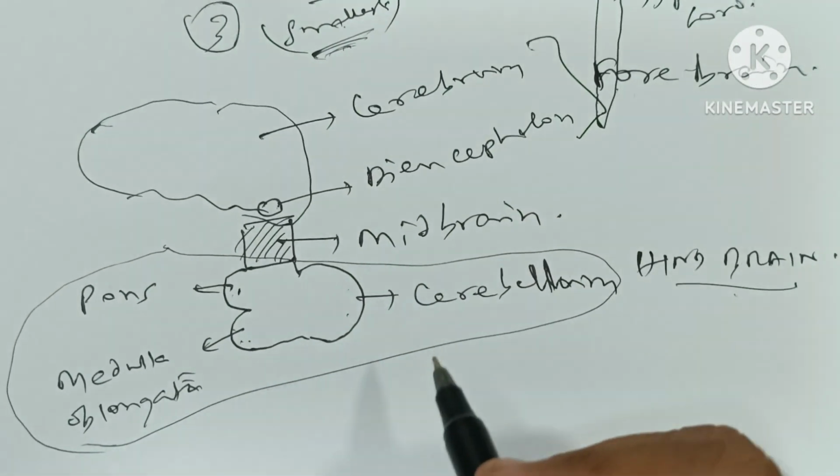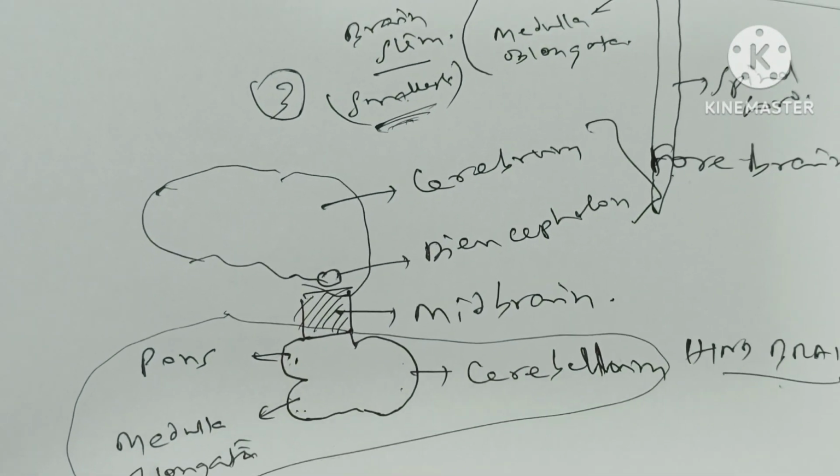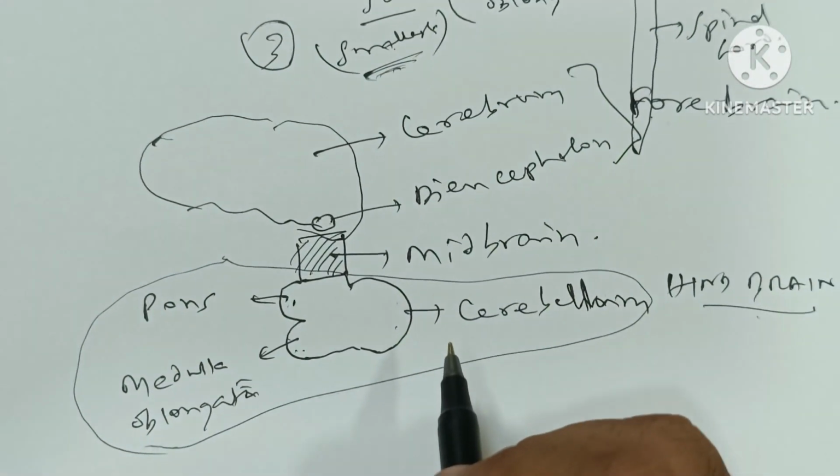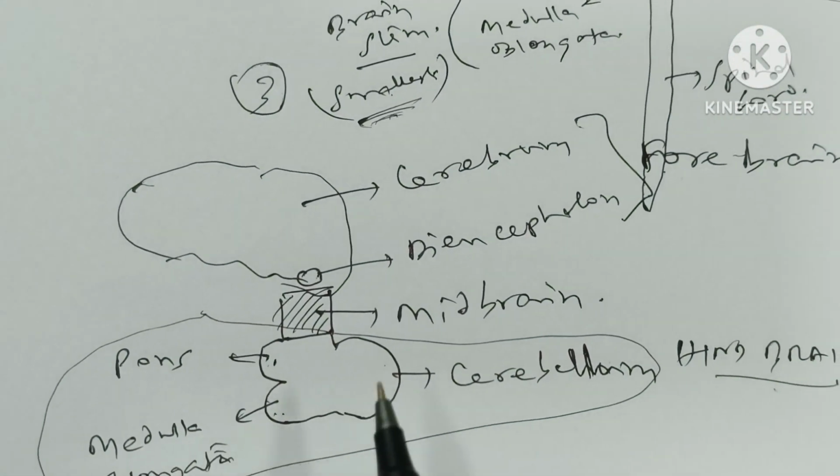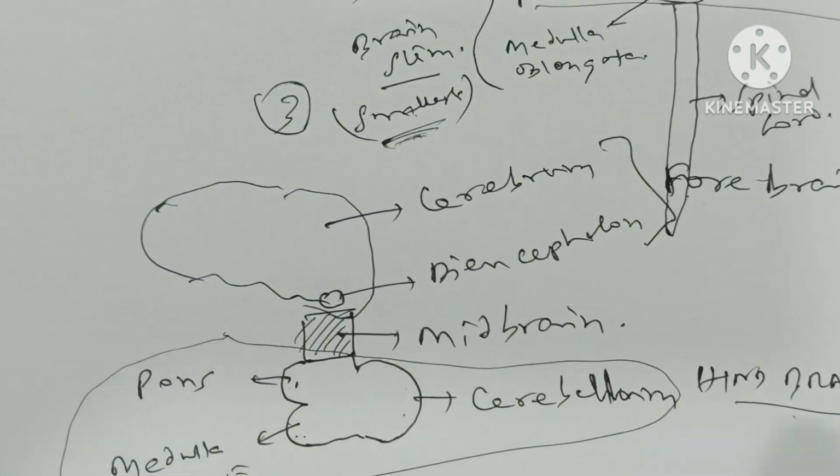Now, during the early development of the central nervous system, first the neural tube is formed. From this neural tube, the brain and spinal cord are formed. Now, how does it happen?